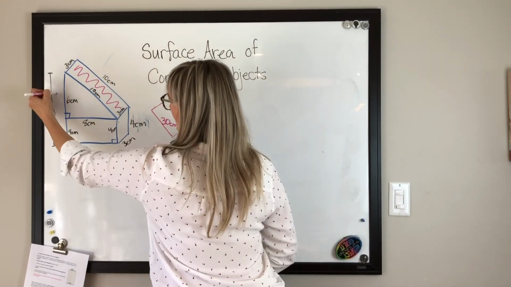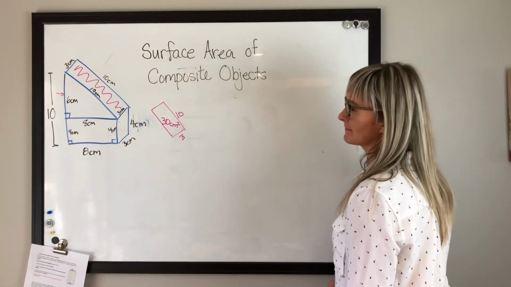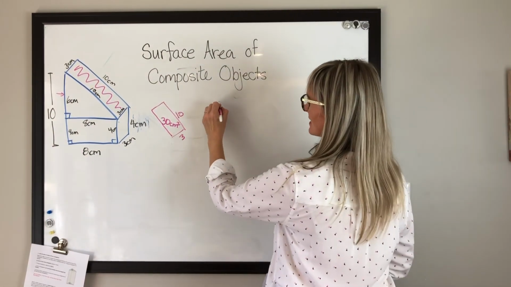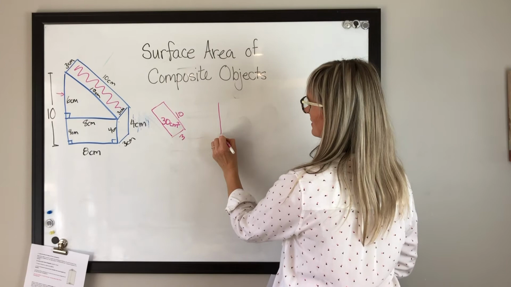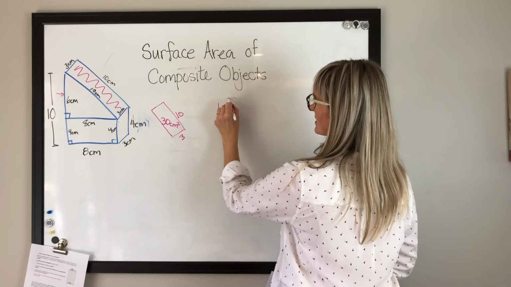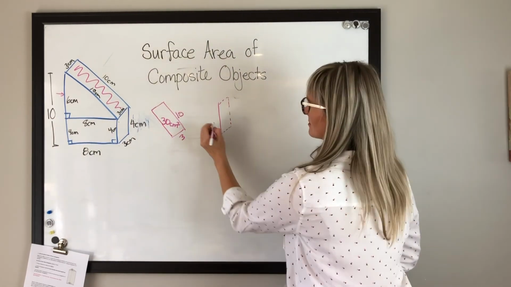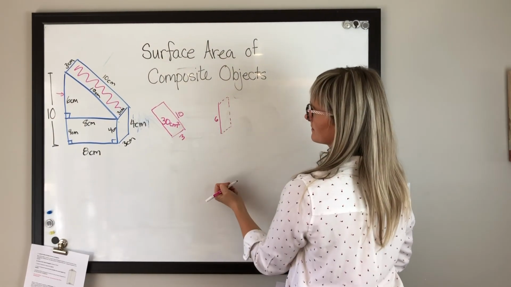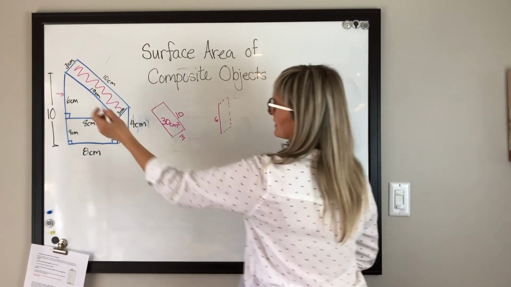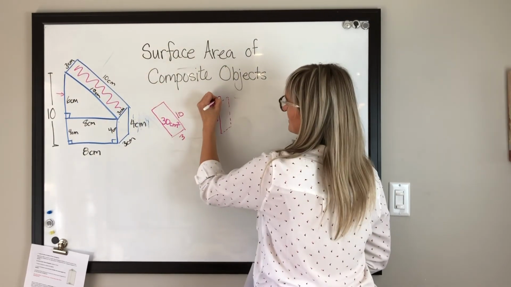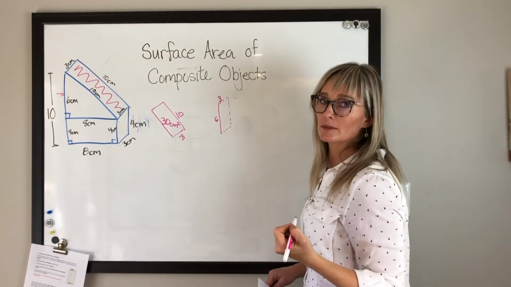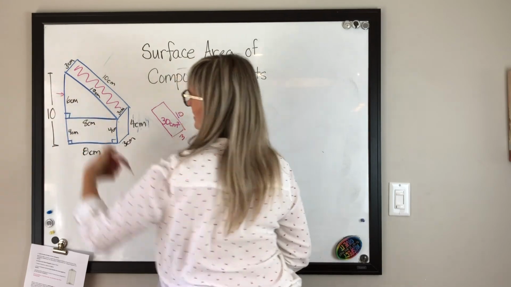But we do have something right here. So that back part that we can't necessarily see very well, which is kind of like this, on the back right here, that's going to be your 6 centimeters by 3 centimeters. And it's also going to be a rectangle. So if you can envision that.